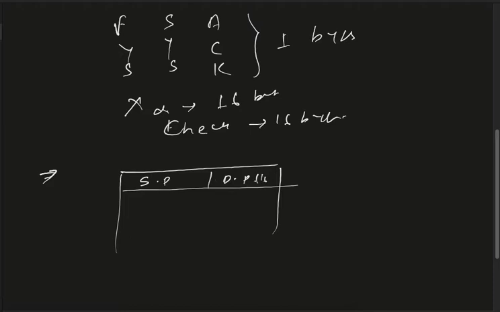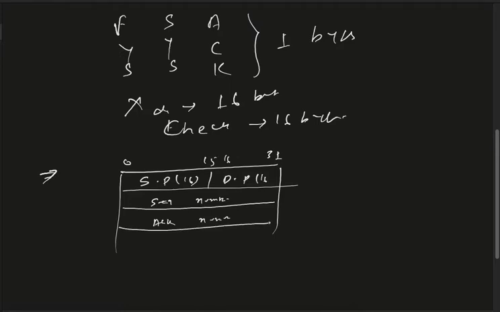So this is 16, this is 16, 0 to 15, 16 to 31. Sequence number, acknowledgement number. This is 32 bit.